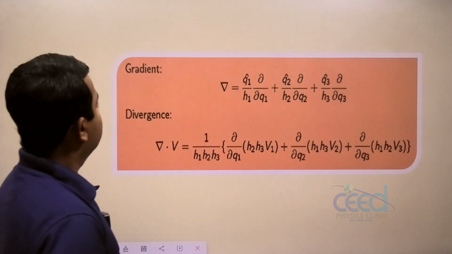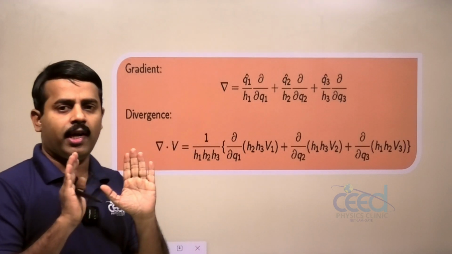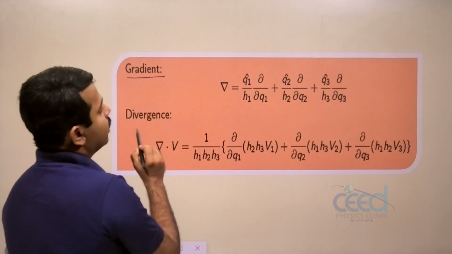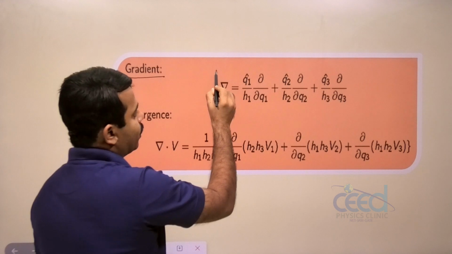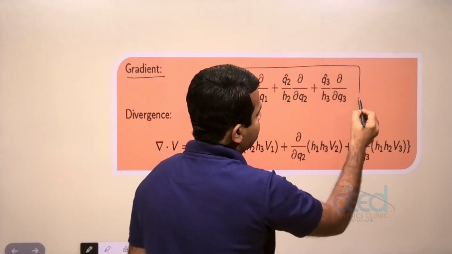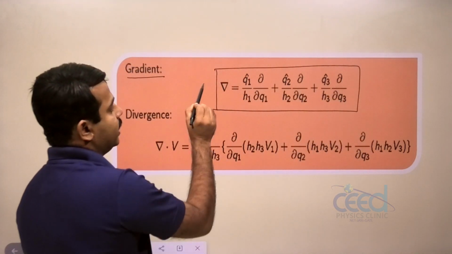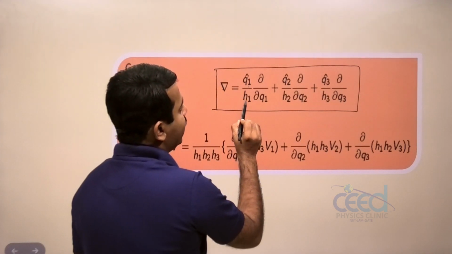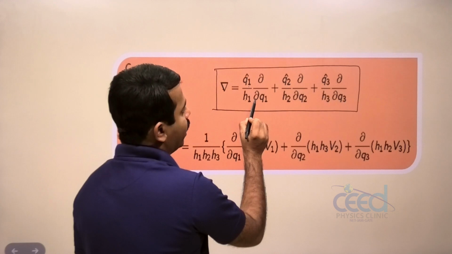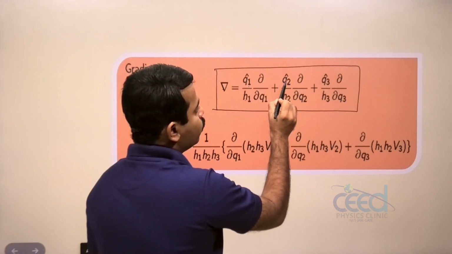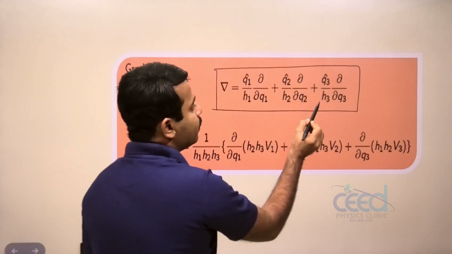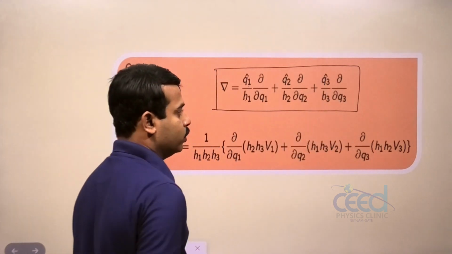I am teaching you the general expression first. The gradient, which you can generally express in any coordinate system, is equal to q1 cap by h1 dou by dou q1, plus q2 cap by h2 dou by dou q2, plus q3 cap by h3 dou by dou q3.